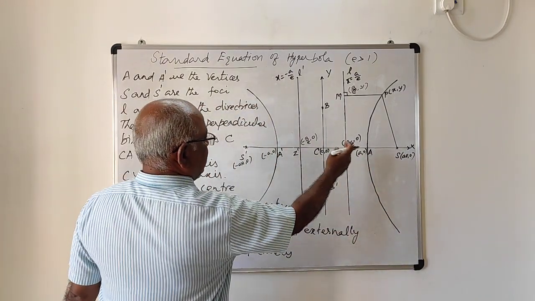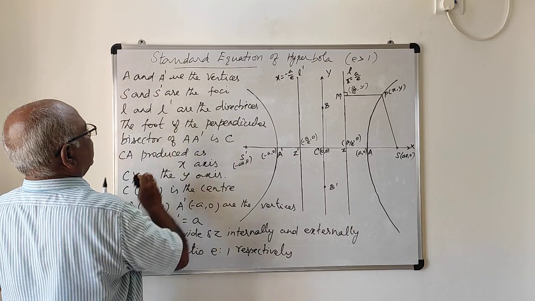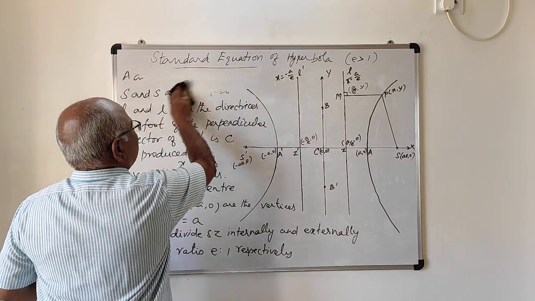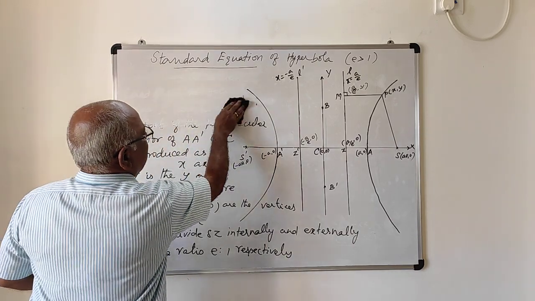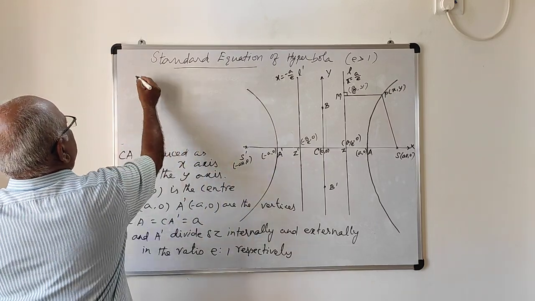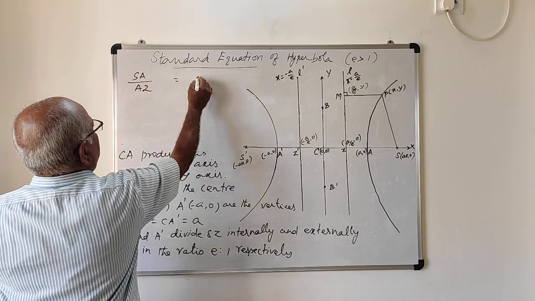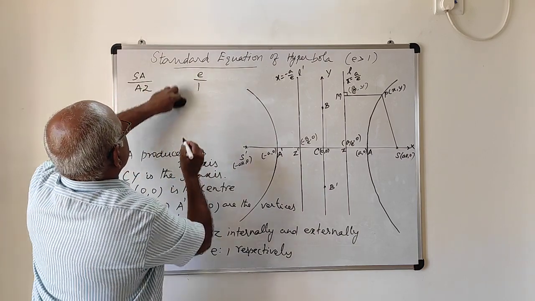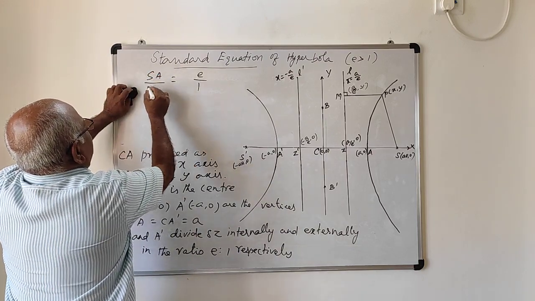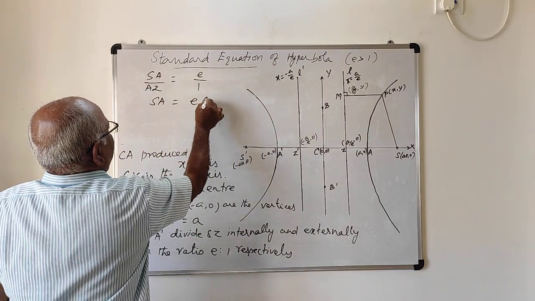Since A divides SZ internally in the ratio e is to 1, we get SA by AZ equal to e by 1. So SA equals e into AZ.